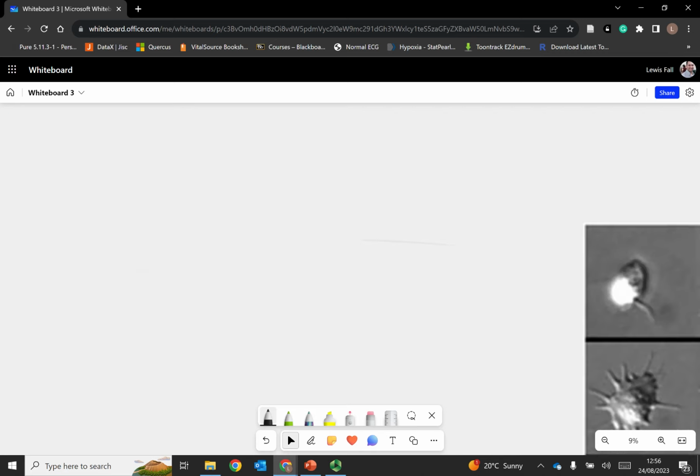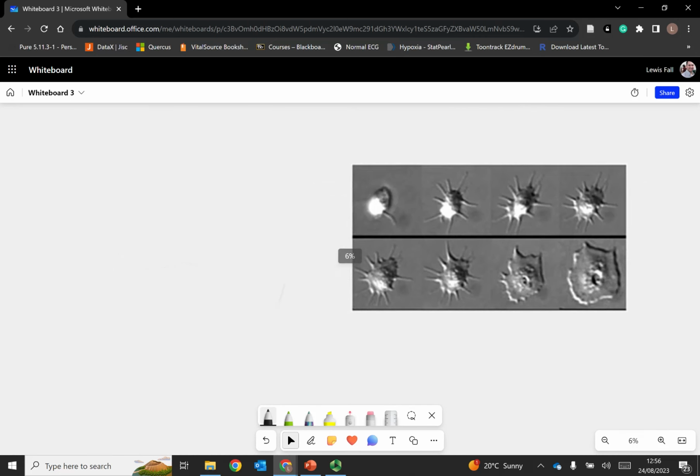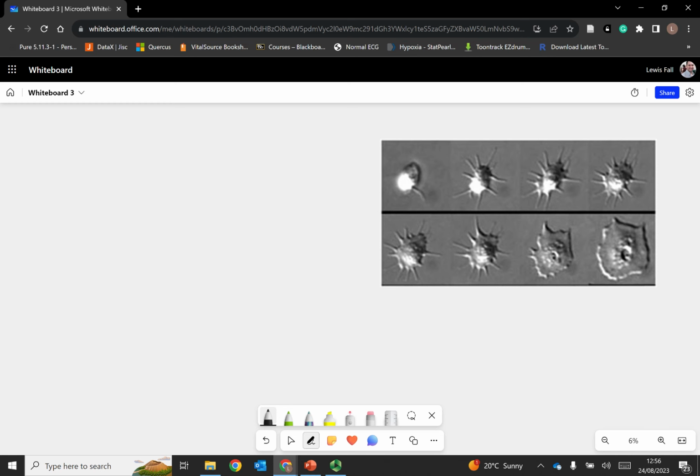Now what we're going to be talking about is what happens to activated platelets, and that's what we're looking at on the screen. I think the best way to do this is to step by step break it down.